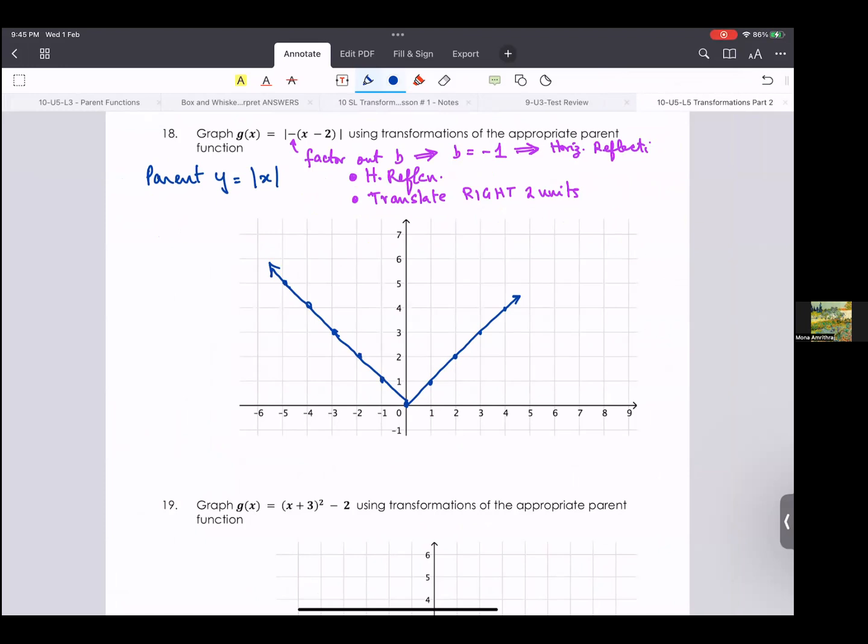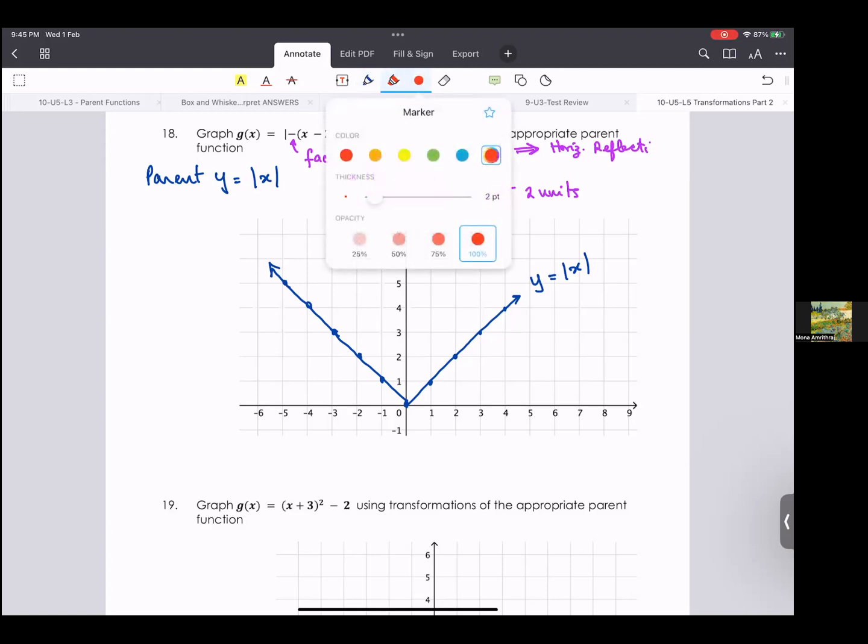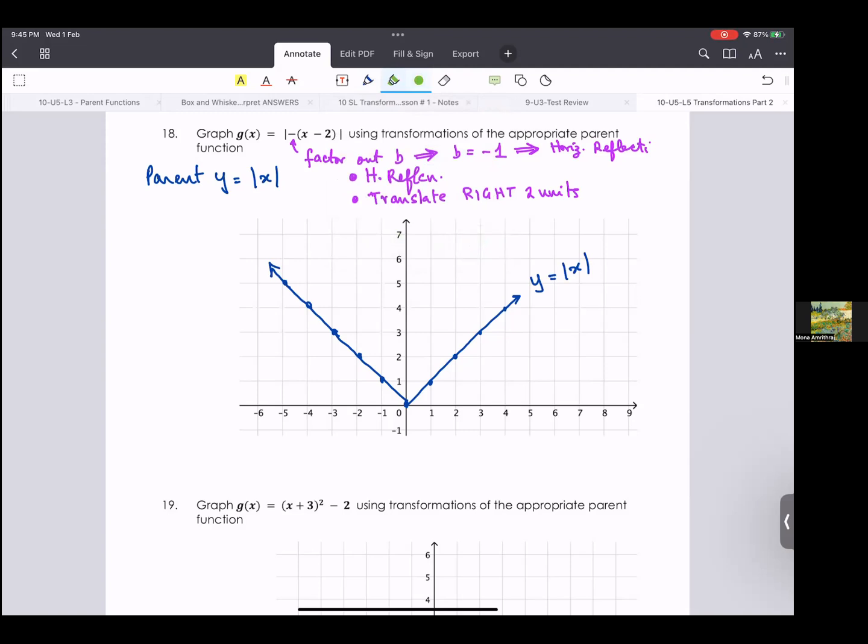So that is y is equal to absolute value of x. That's your parent graph. We're going to reflect it horizontally. What happens if you reflect it horizontally? Take a guess. If you put a mirror on the y-axis, what happens? It's just going to go right there.